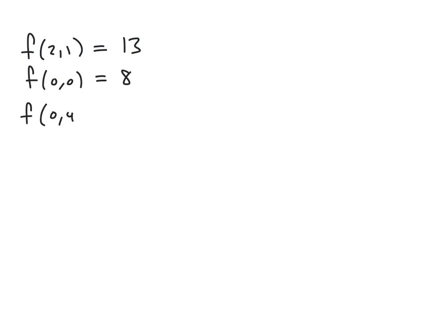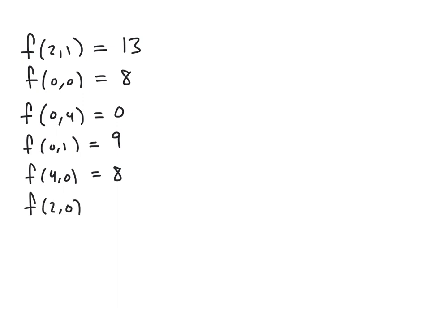We saw f of 0, 4 was equal to 0. f of 0, 1 was 9. f of 4, 0 is 8. f of 2, 0 was 12. And f of 5 halves, 3 halves was equal to 25 halves.